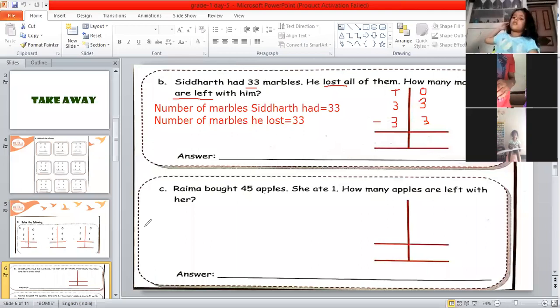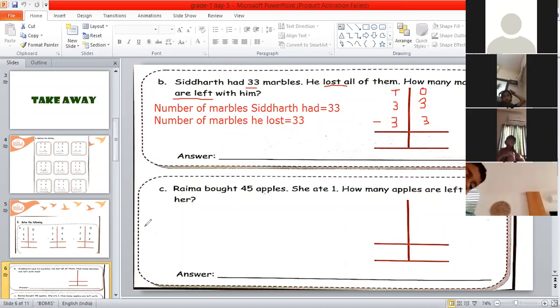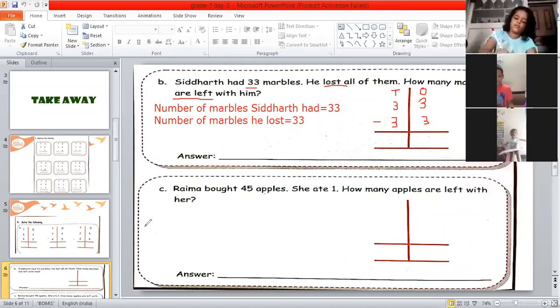Dhruti, I cannot understand Telugu. So please speak in English. Dhruti, I'm sorry, but I can't understand Telugu.